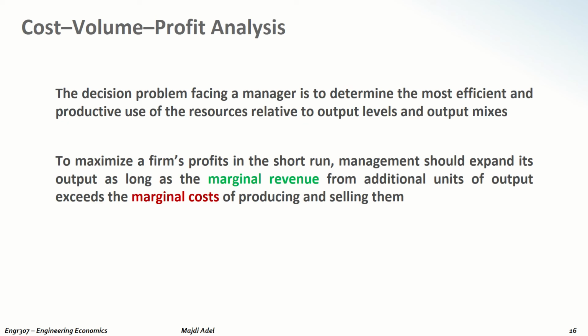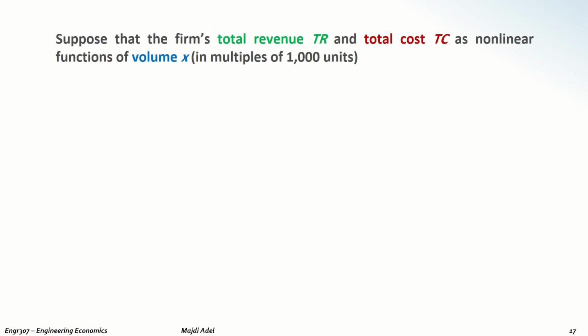The company is making a profit as long as its marginal revenue exceeds its marginal cost. What we mean by marginal revenue and marginal cost is the revenue per unit and the cost per unit. The goal of any company is to maximize its profit per unit of output. And we can summarize this in the following slide.